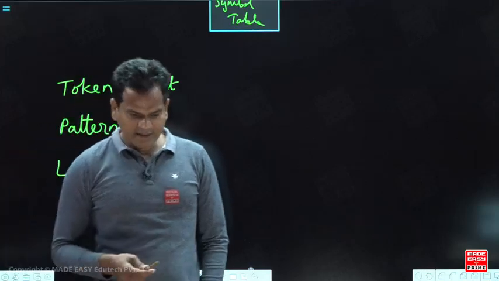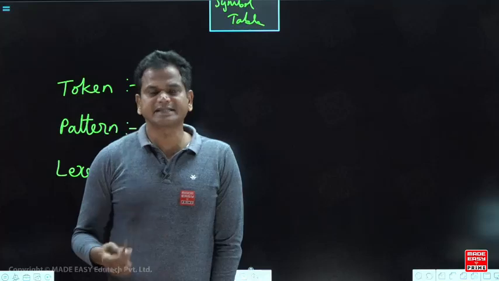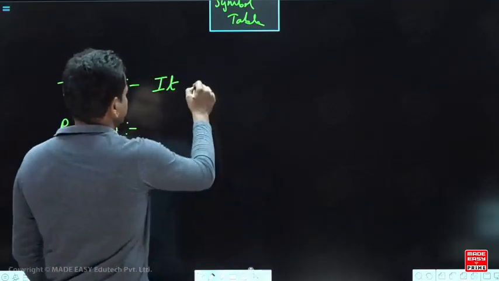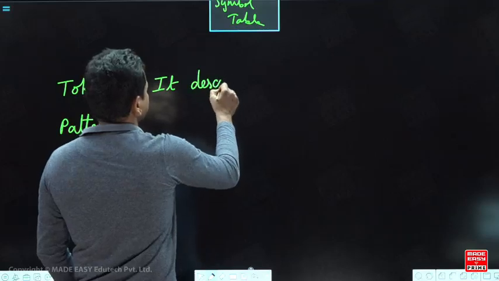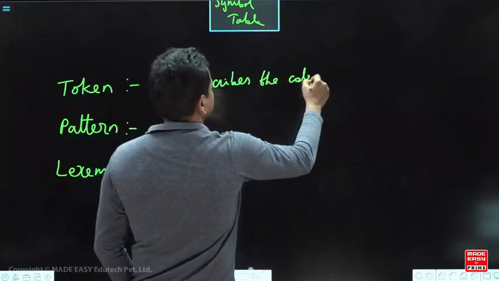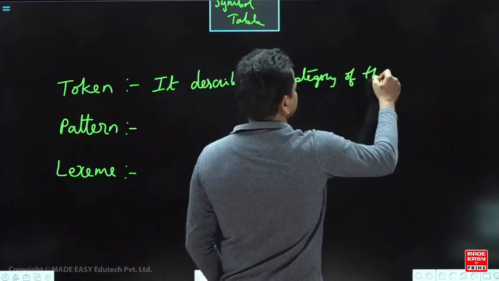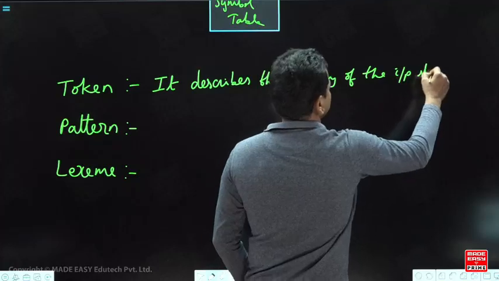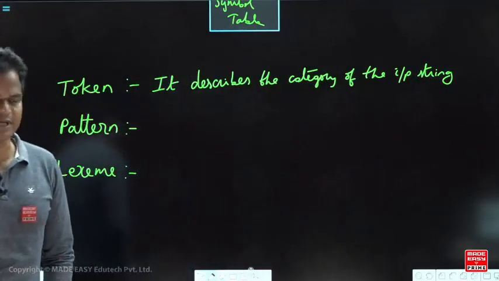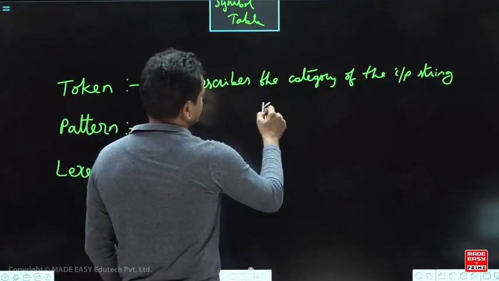The token describes the category of the input string. That means what kind of token it is.